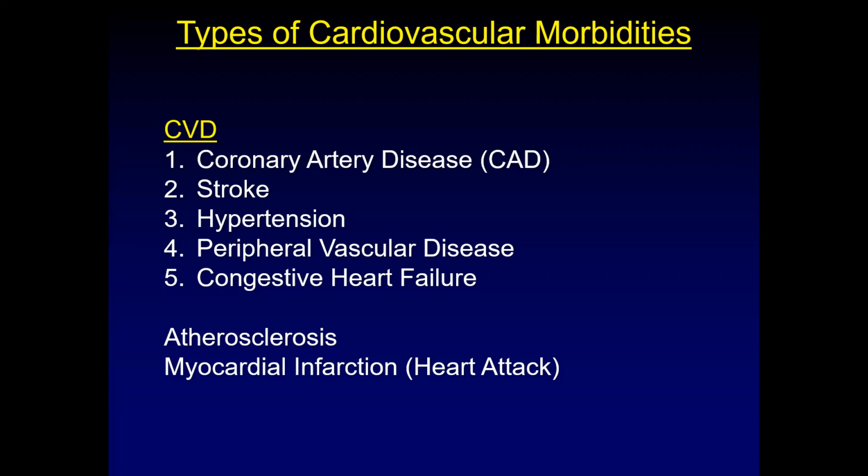A myocardial infarction or a heart attack is going to occur when you have a lack of blood flow to a certain area of the heart, and then that may or may not impair the cardiac conduction system. And so you can have a heart attack without ever going into cardiac arrest, but you can get ischemia and those things, and that has some associated symptoms and problems.